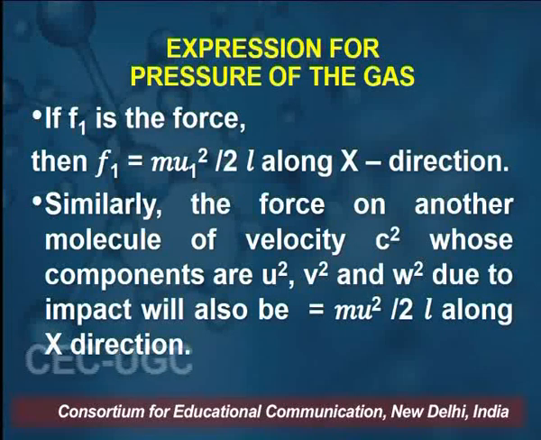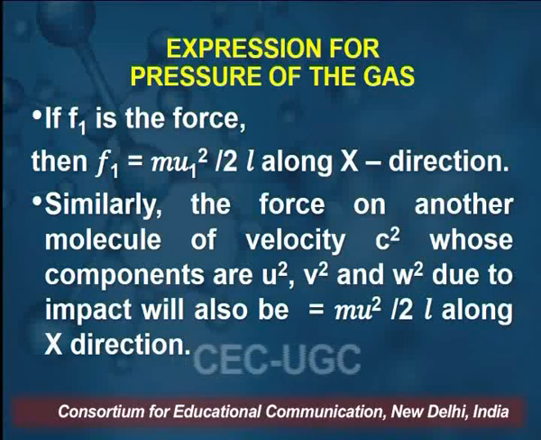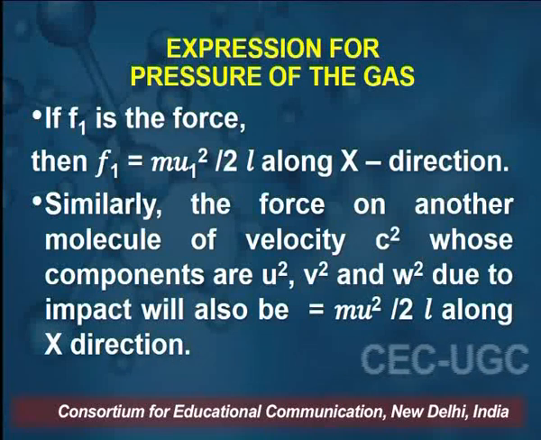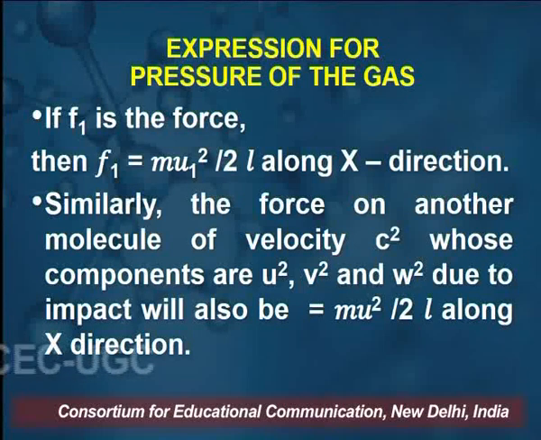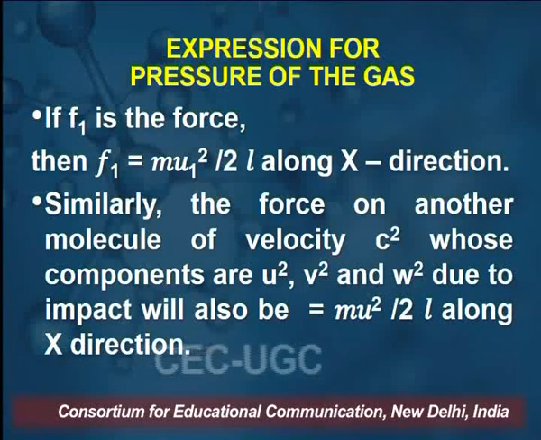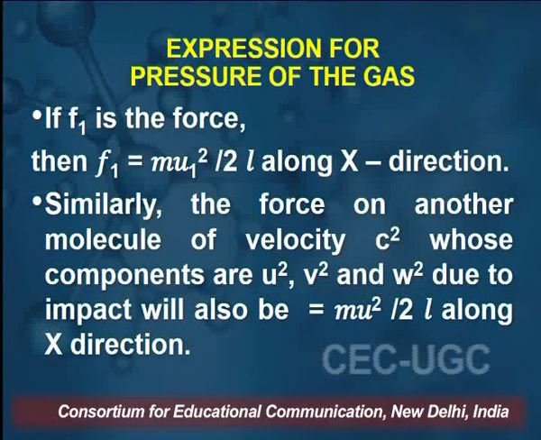Similarly, the force on another molecule of velocity c, whose components are u, v and w, due to impact will also be mu square by L along the x direction.